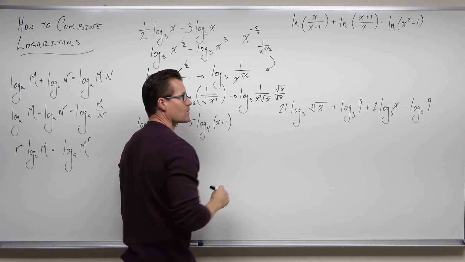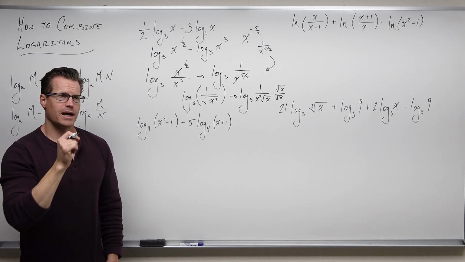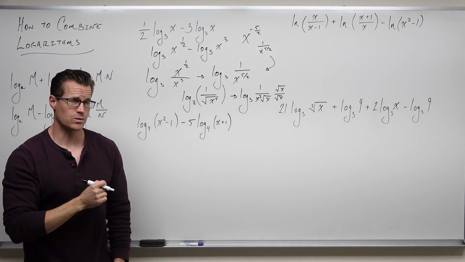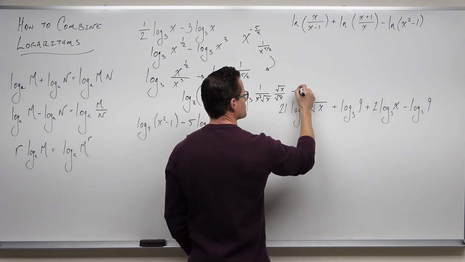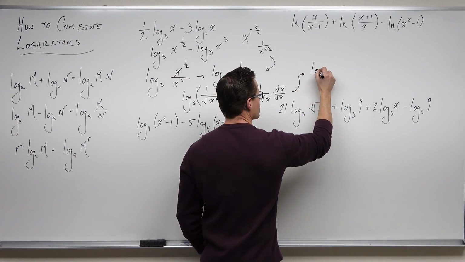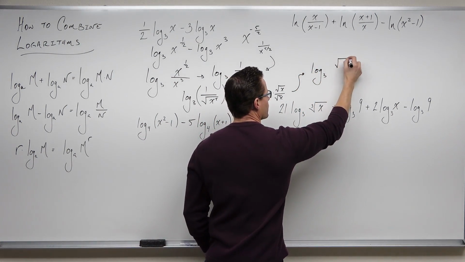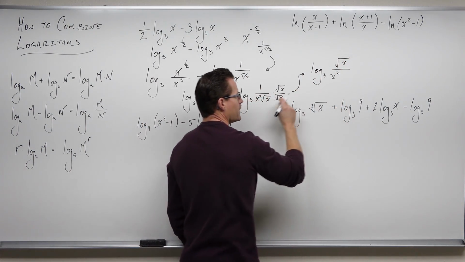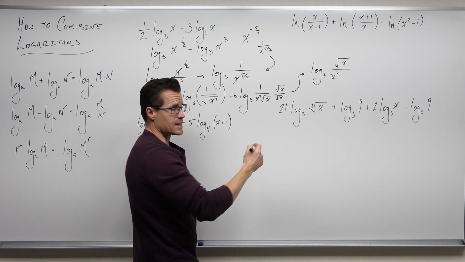Rationalizing means take the radical part and make the power match the root on the denominator. We'd have to multiply by a square root to do that. This would give you an x squared. Square root of x times square root of x is x.